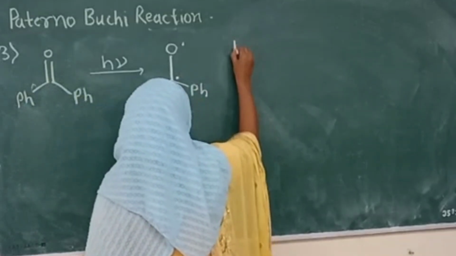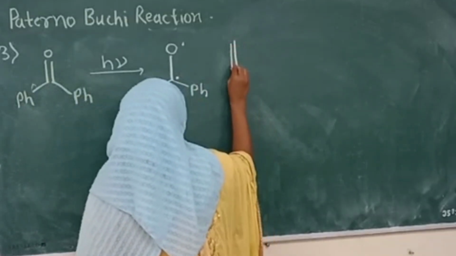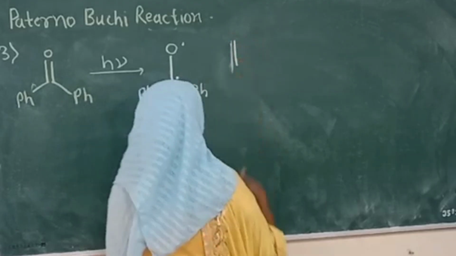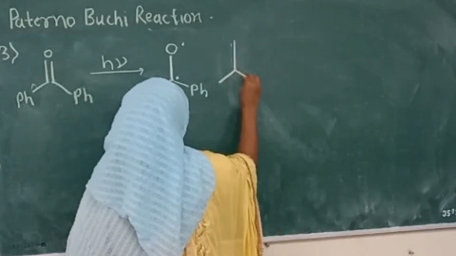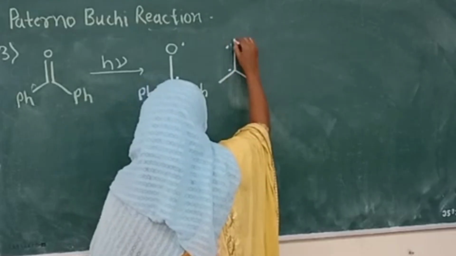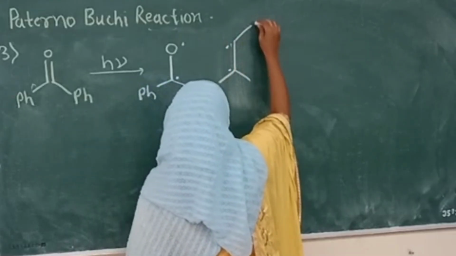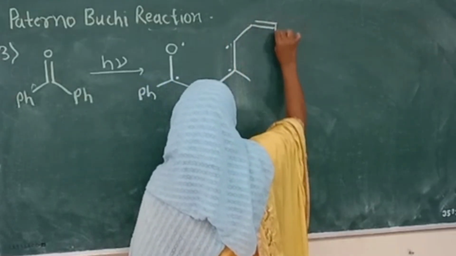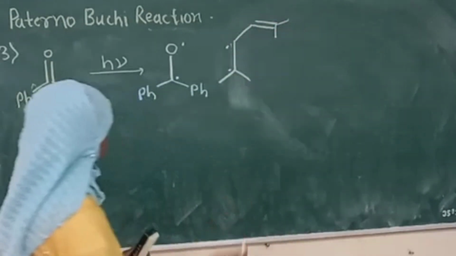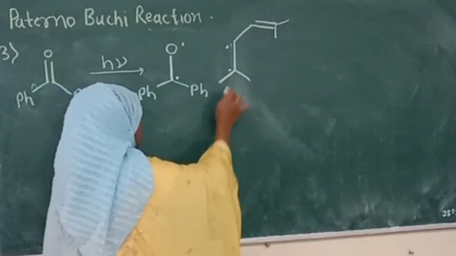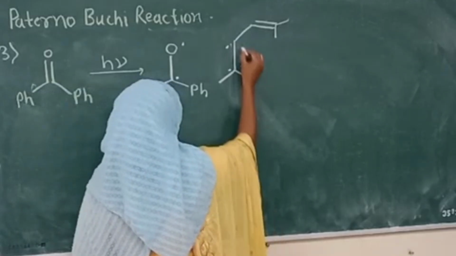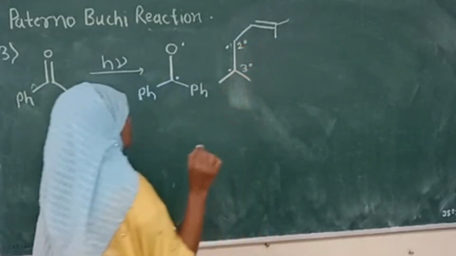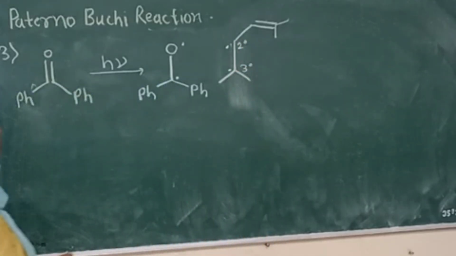After that, the species also forms radicals. Here two radicals form, a tertiary radical and a secondary radical. Which radical is more stable?